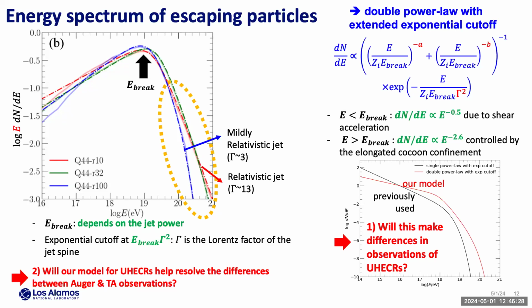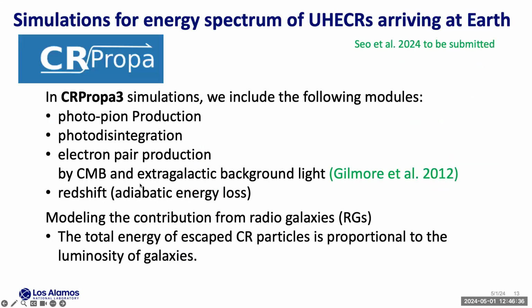So the question is whether this model can help resolve the difference in the observation data. That is the question. So we use the CRPropa code and simulate cosmic ray propagation.